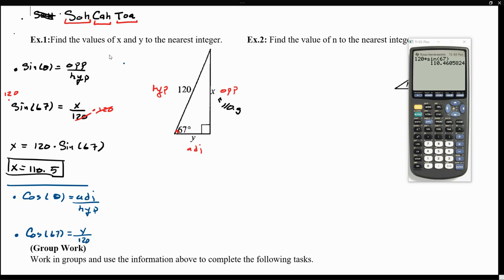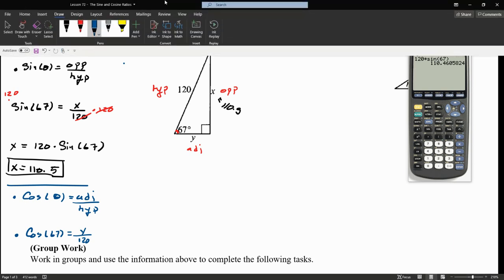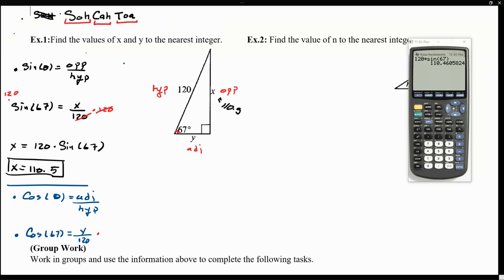We can use the same strategy as before to find the value of y. If we multiply by 120 one more time, this 120 will cancel out with this 120, and we're left with y equals 120 times the cosine of 67.